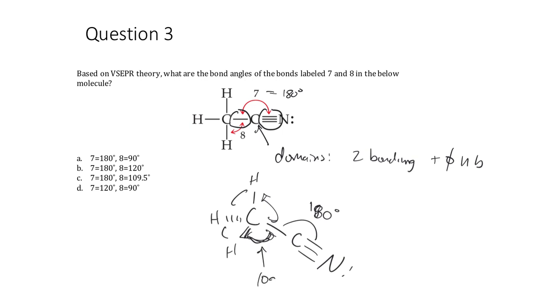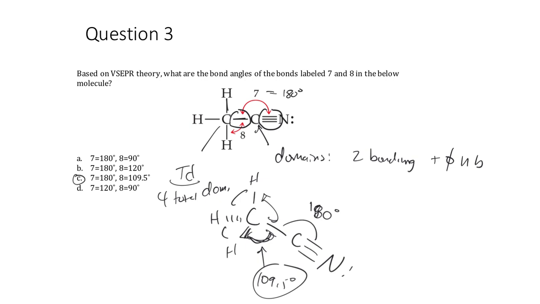These will be about 109.5 degrees. What I'm basing this on is that for 8, the central carbon for that bond angle is tetrahedral. Why is it tetrahedral? Because we have 4 total domains, and all 4 are bonding. So it should be 180 for 7 and 109.5 for 8.